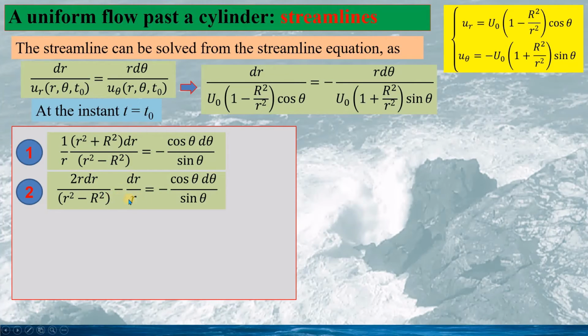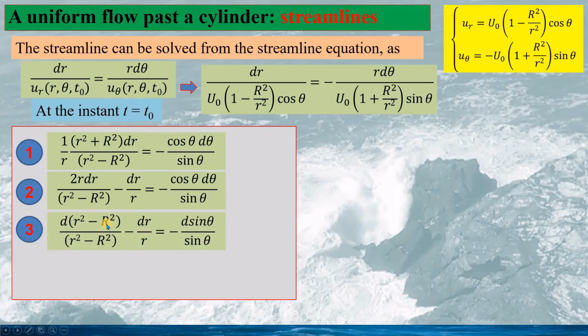We have the expression as this. And now we can see this is integrable as this. So the solution would be given as this. This is the streamline equation, and C is the integral constant.